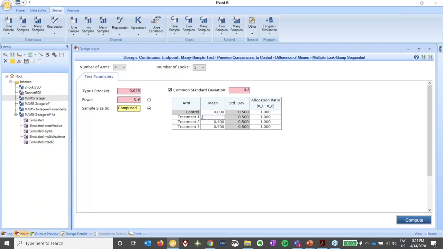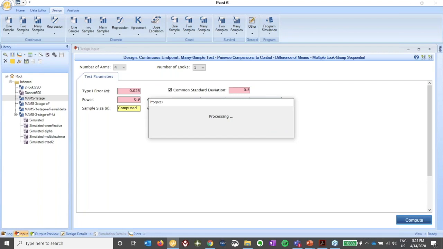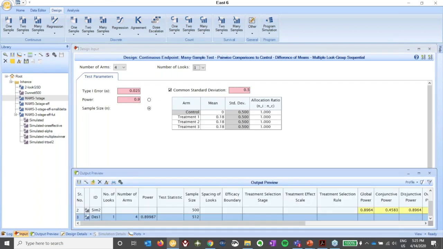So as you can see now, if I end up putting in the differences of 0.18, 0.18, and 0.18, and I use the compute button to see what sample size we would need to get us 90% power, you will see that this would give us 512 subjects.